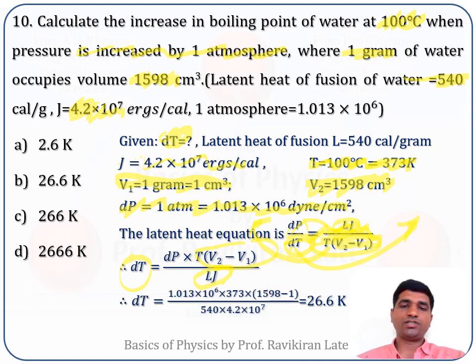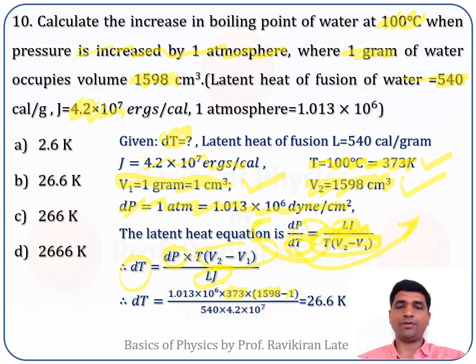If I substitute the value of change in pressure, which is 1 atmosphere, nothing but 1.013 into 10 raised to 6, temperature is 373 Kelvin, which we derived from the given data, and V2 is 1598 minus V1 is 1 centimeter cube.